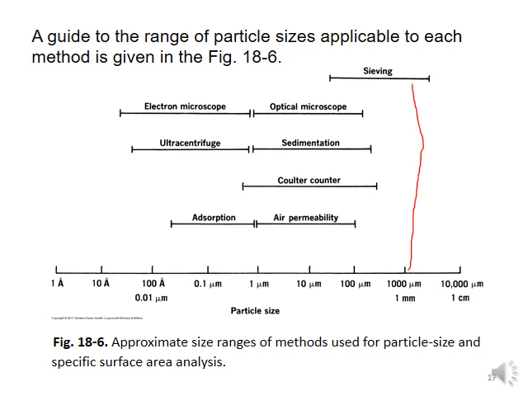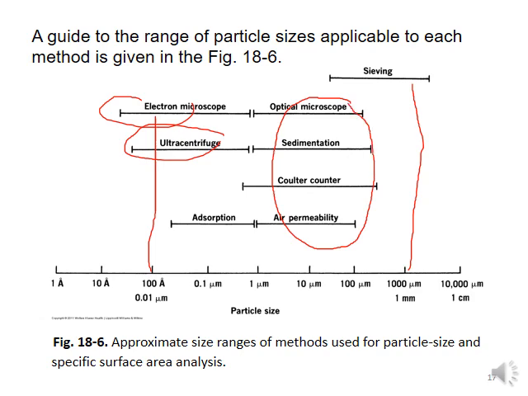The size of particles smaller than 0.01 micrometers should be studied using either electron microscopy or the ultracentrifuge method. Particles between, for example, 10 to 100 microns can be studied using optical microscopy, sedimentation, Coulter counter, or air permeability method.